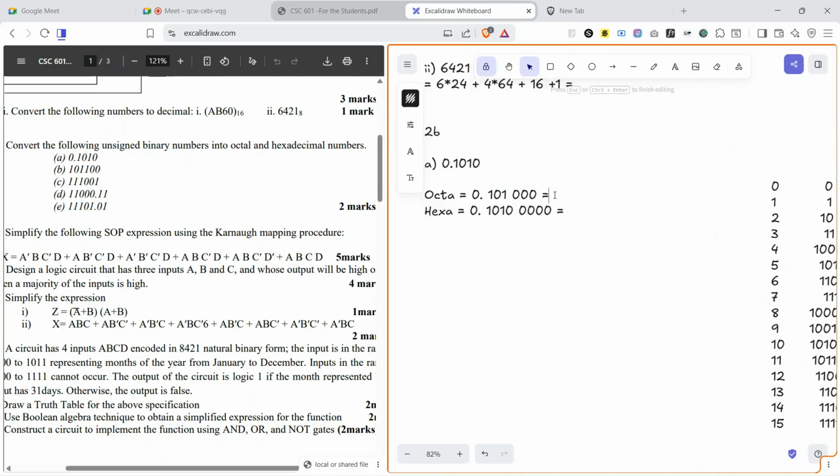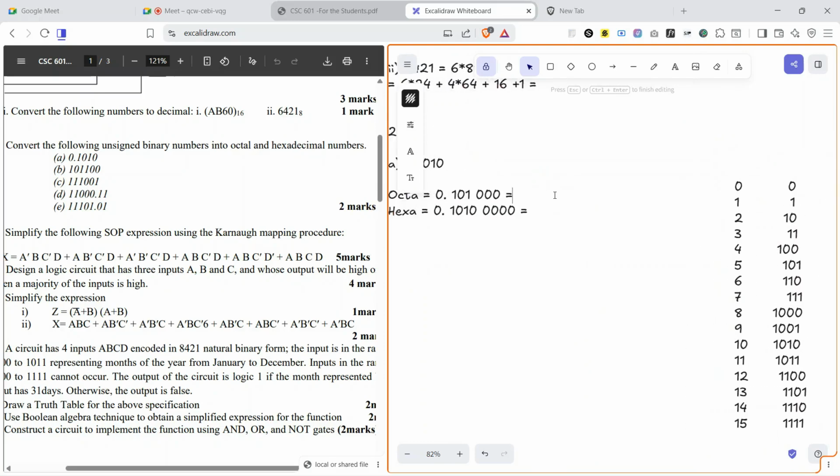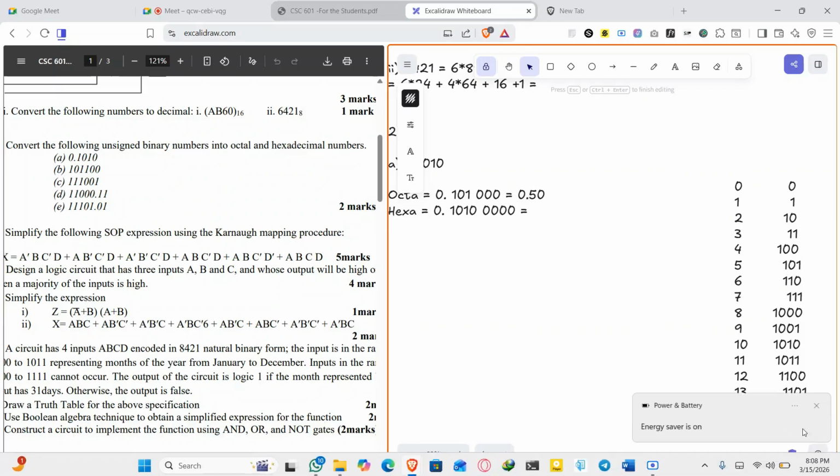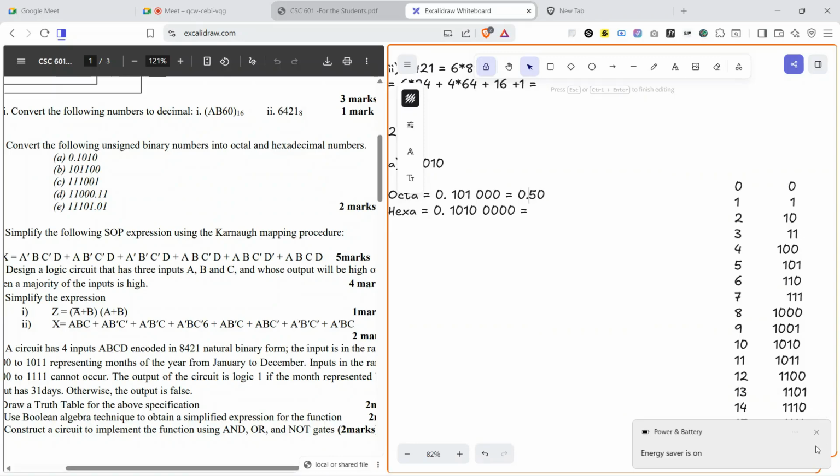So 101 is 5. So this is going to be 50 base 8 because it is octal. So that will be 0.50 base 8.